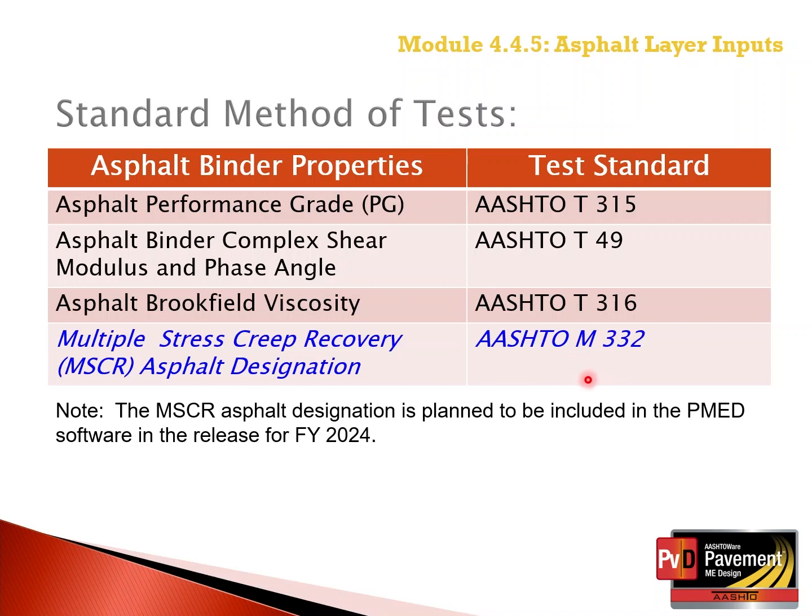But the table also lists the other asphalt binder properties that are now required or used by the software for predicting pavement distress in terms of calculating some of the binder response, not the binder, but the mixture response and strength properties of the mix.